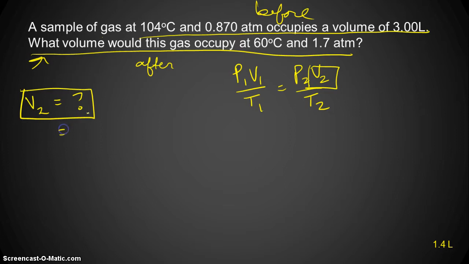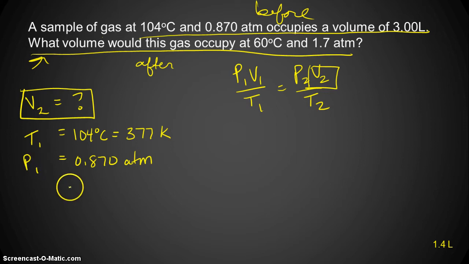Then my first number I run across is 104 degrees Celsius, which happens to be 377 Kelvin. And this is my initial, my before temperature. I then have 0.870 atmospheres. That is a pressure, and that's my before pressure. And then I have 3.00 liters.